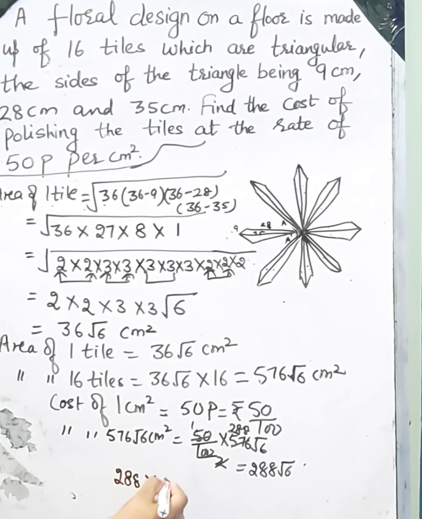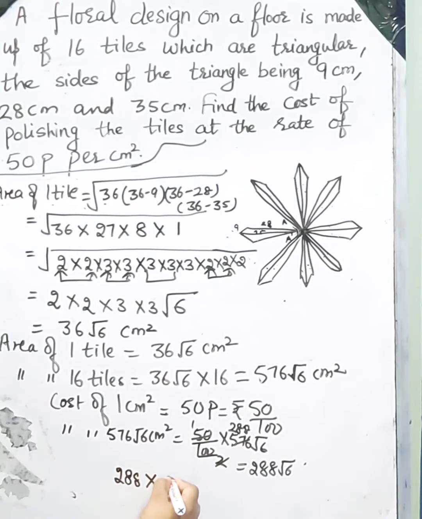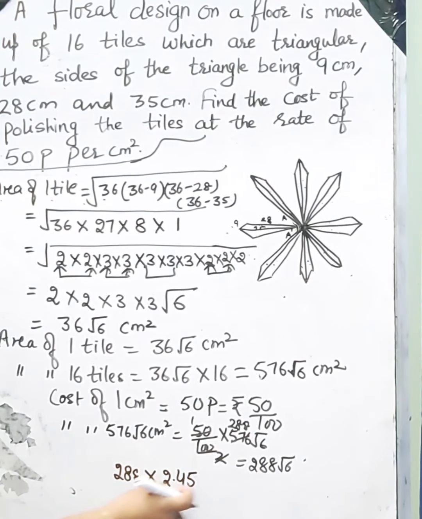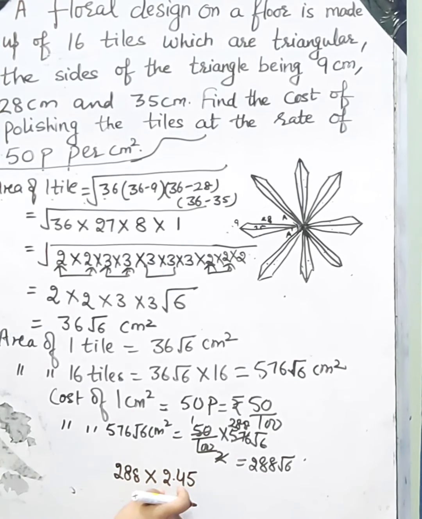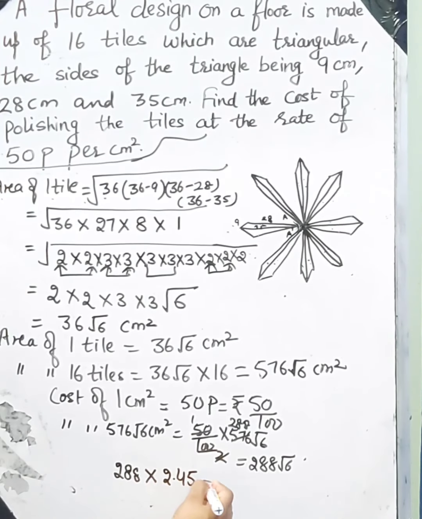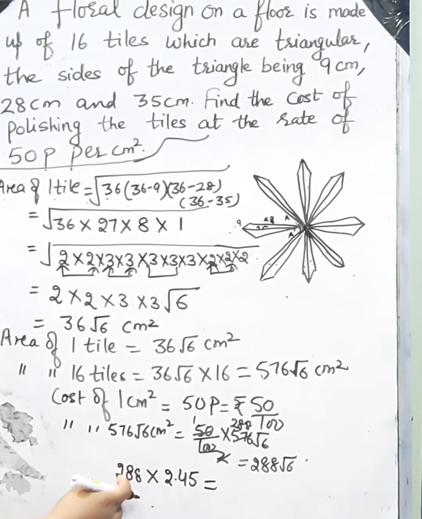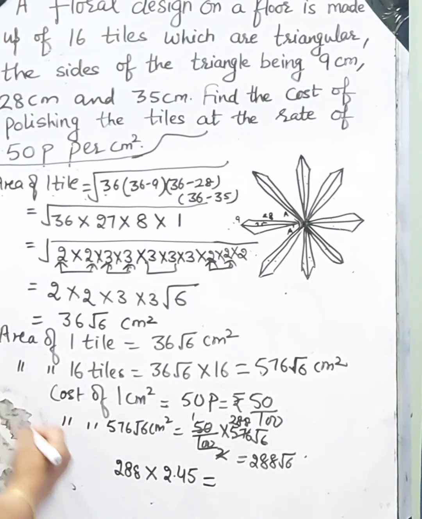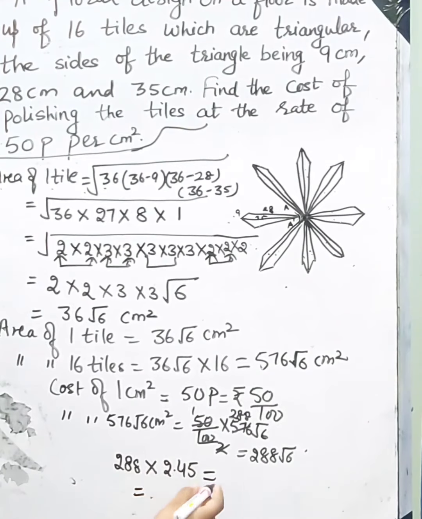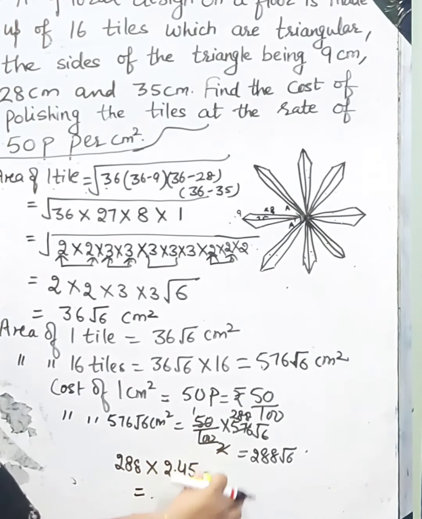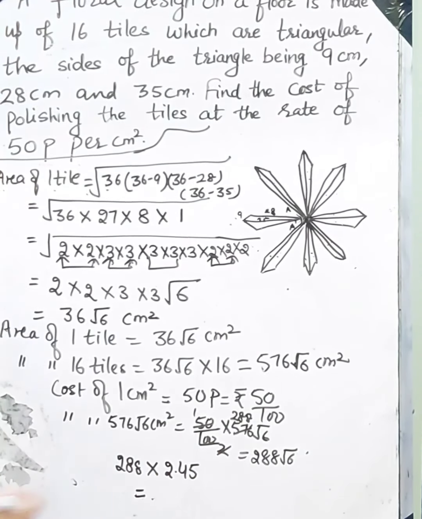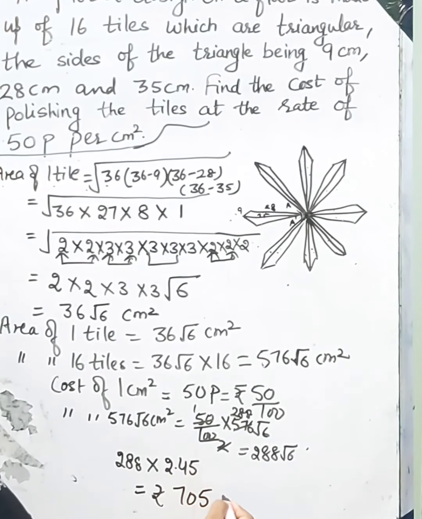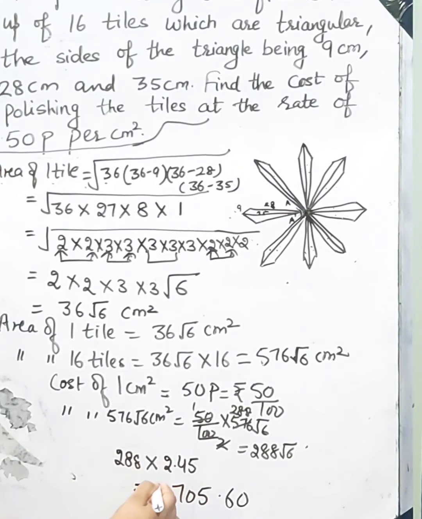Put the value of root 6. Square root of 6 is 2.45, the approximate value of square root 6. Now multiply 288 with 2.45. After multiplication, product will equal to 705.60 rupees.